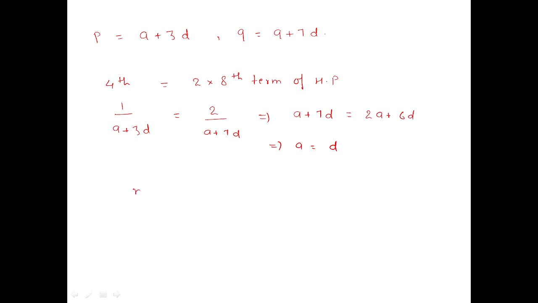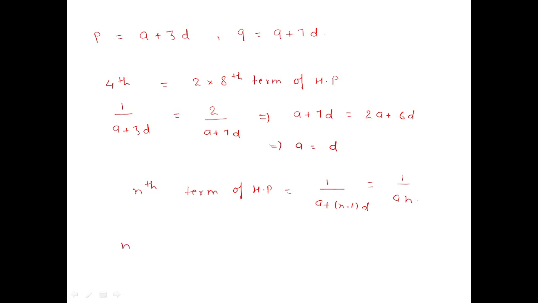Now the nth term of HP is equal to 1 upon A plus n minus 1 into D. Since A and D are equal, it will become 1 upon An.